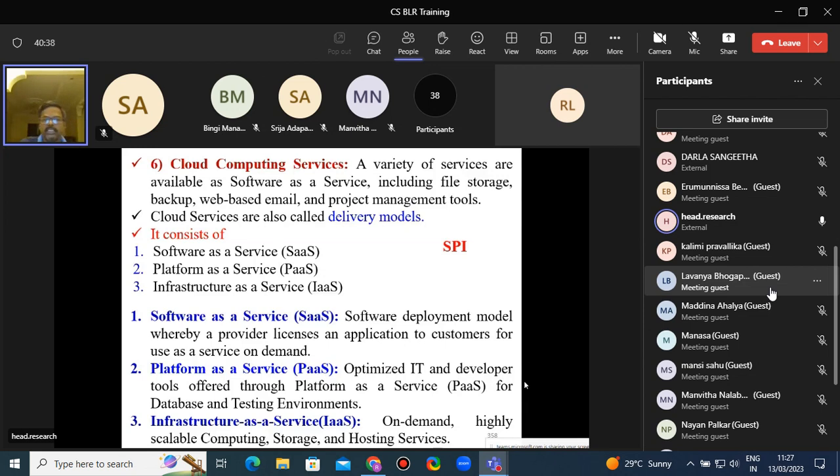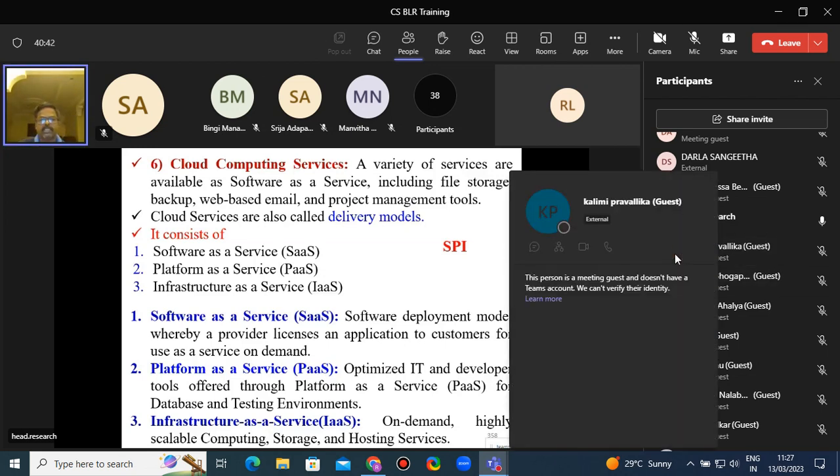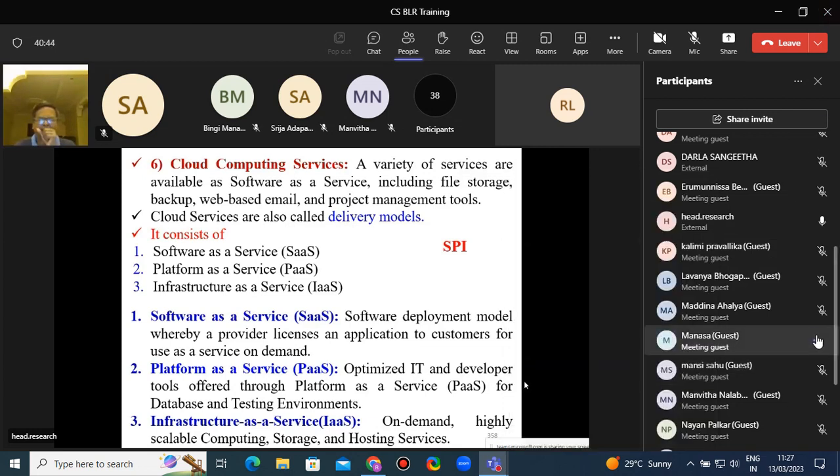It consists of software as a service, platform as a service, infrastructure as a service. Software as a service is nothing but a software deployment model whereby a provider licenses an application to customers for use as a service.